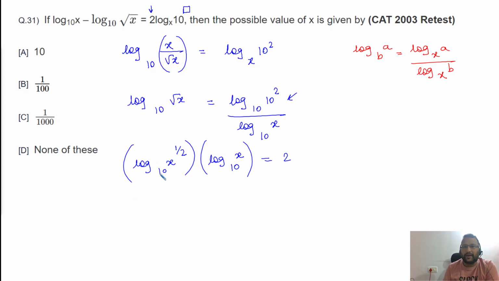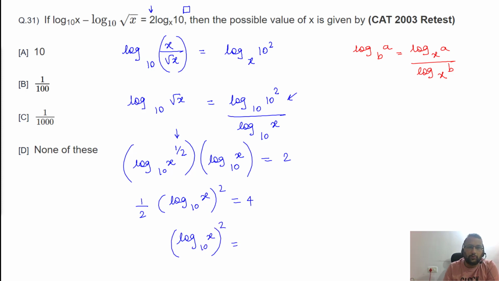So now this 1 divided by 2 will become the coefficient of log. So we can write 1 by 2 into log of x to the base 10 bracket square is equal to 2. So log of x to the base 10 bracket square is equal to 4 here, not 2, since 2 into 2 will become 4 here.